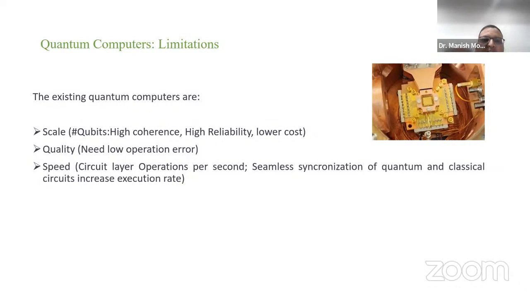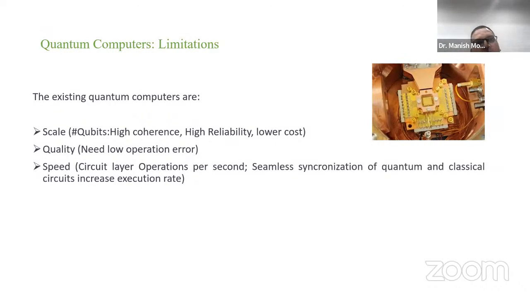But at the same time, researchers continuously work on development of algorithms, because we all know quantum computers are becoming a reality. If not now, in the next couple of years or a maximum of a decade, we will have quantum computers which will solve those problems which we are not able to solve with classical computers due to some limitations. Again, whatever we run on a quantum computer, the same thing can be run on a classical computer.